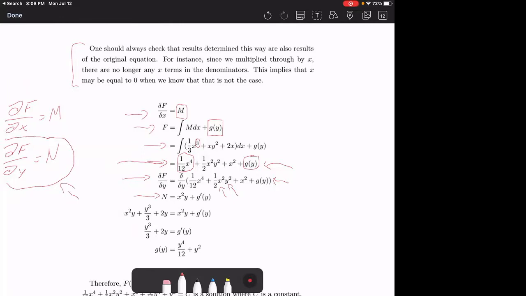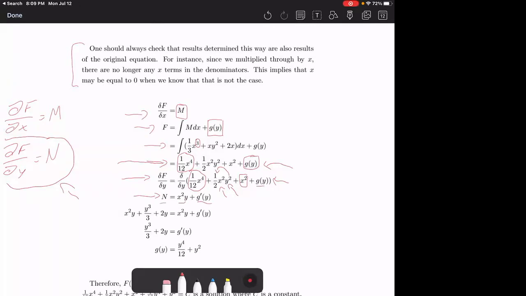And on the right side of the equation, we're just going to take the derivative with respect to y. But note that not all these terms even have y's in them. So this 1 over 12x to the 4, that's just a constant. X squared, that's just a constant. Here we actually have something. We're going to take this 2 and bring it out front as a factor and reduce the power. So we get x squared y plus whatever the derivative of g of y is. So we get g prime of y.